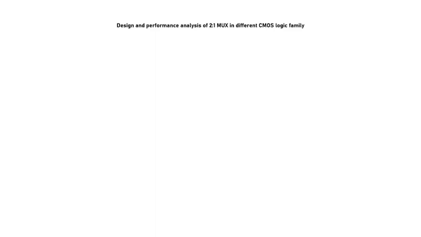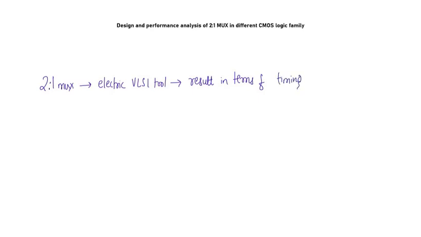Okay, so we are going to consider an example of a 2:1 mux, wherein we'll try to develop this in the Electric VLSI tool, and then we're going to demonstrate the result in terms of timing analysis.